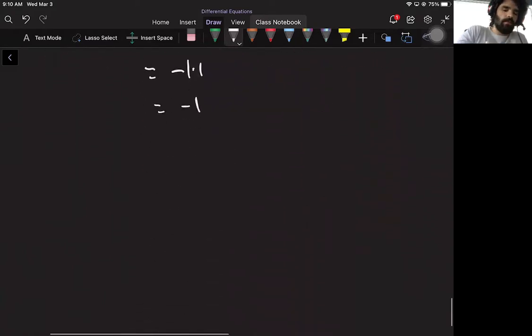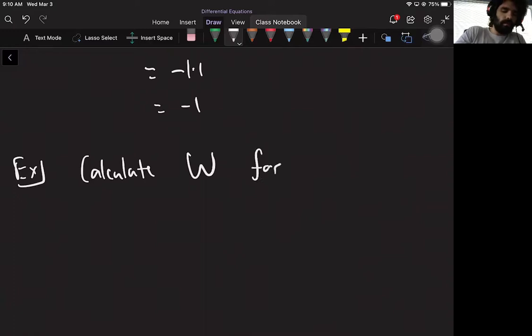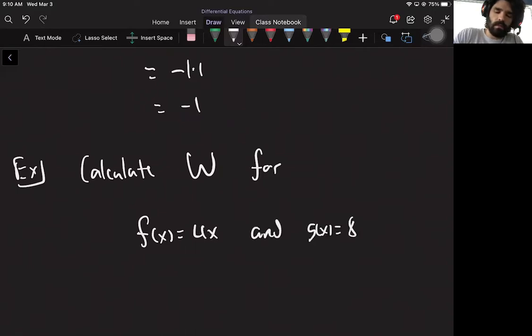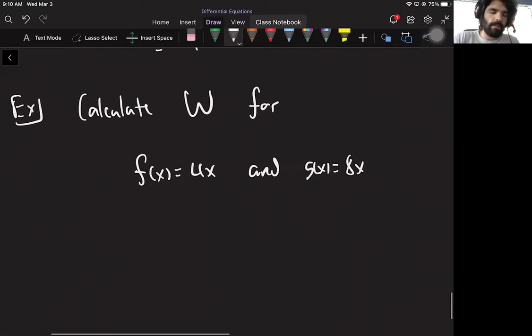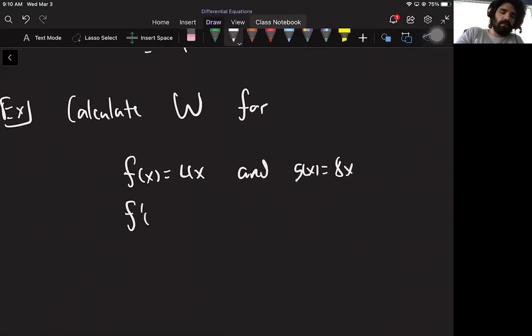Let's do one more. Calculate W. So I'll just use different names just to change things up, but it doesn't change how things work. So here are my two functions. So that means f prime of x is 4, g prime of x is 8.